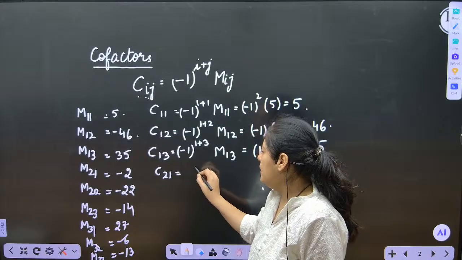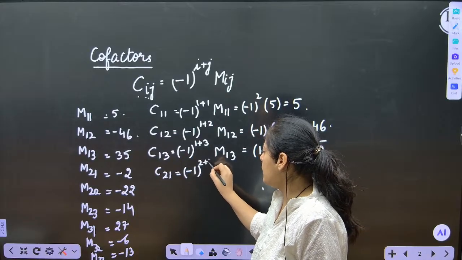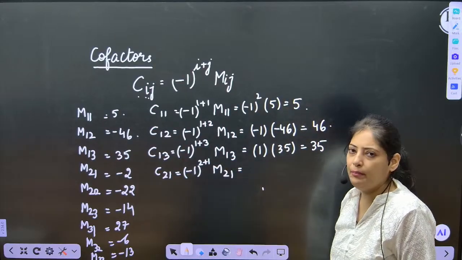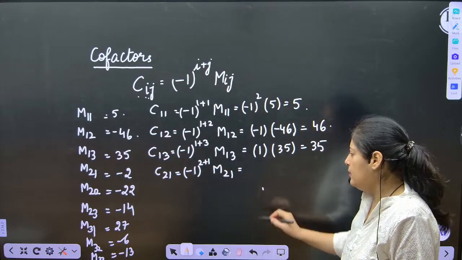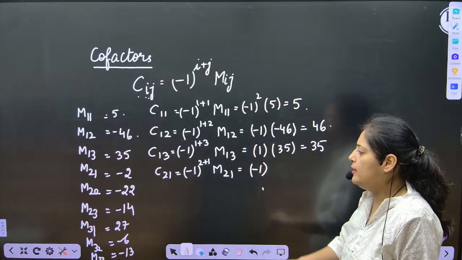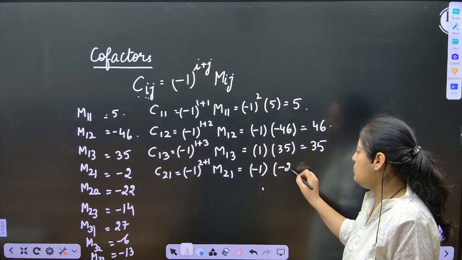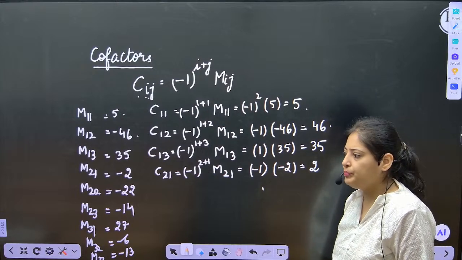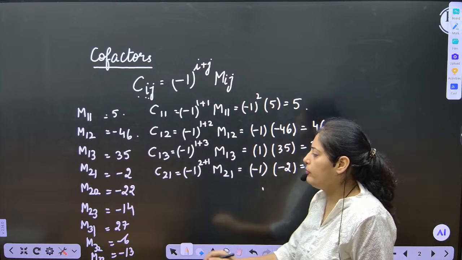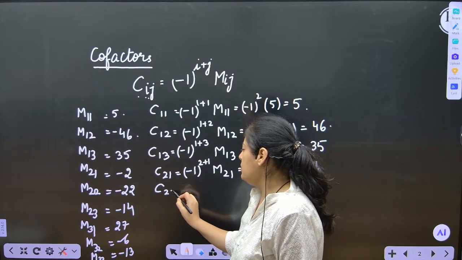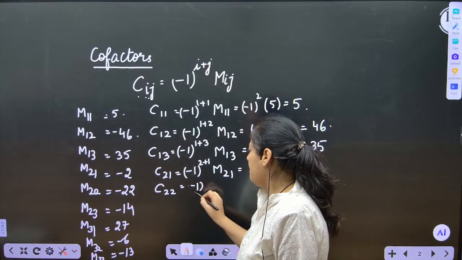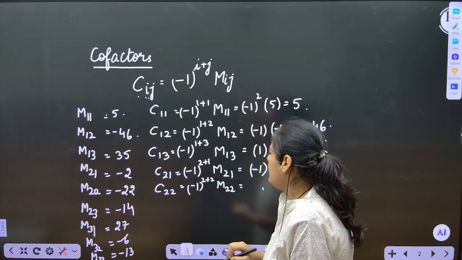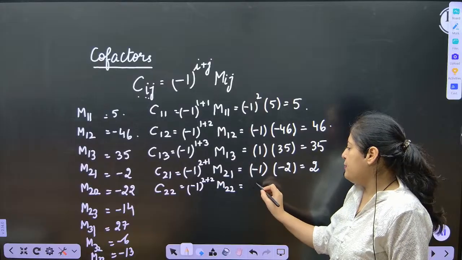C21: minus 1 raised to power 2 plus 1, m21. Again power is 3, odd, it will give minus 1 only. M21 is minus 2. Minus 1 and minus 2 is nothing but positive. C22, it will become positive.